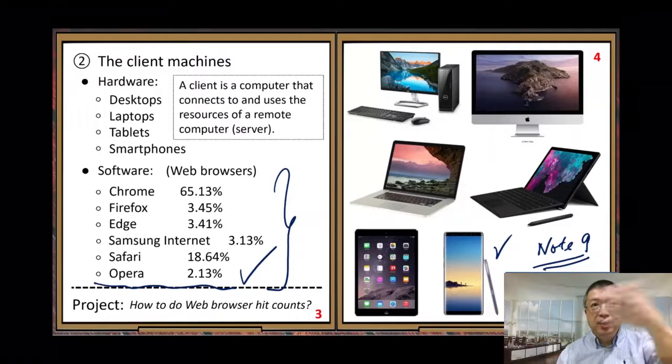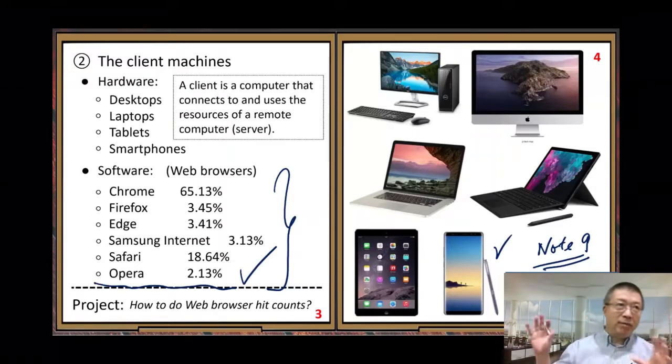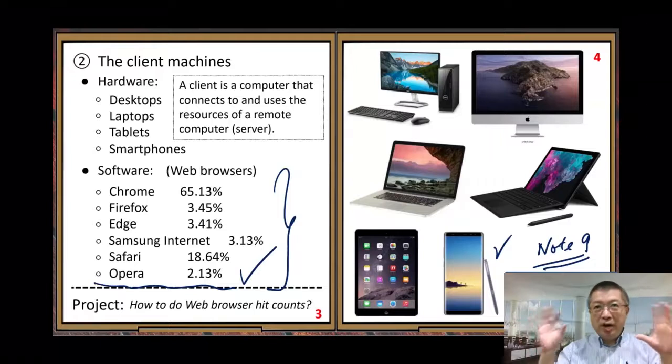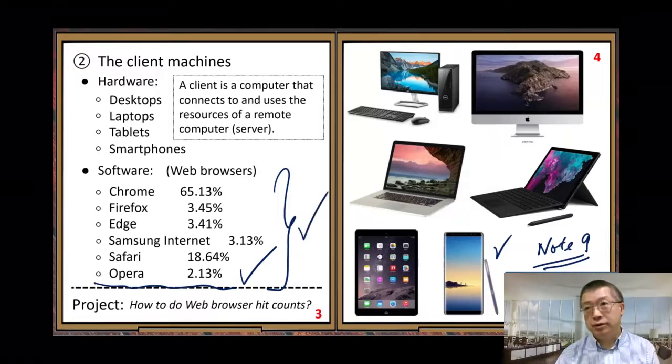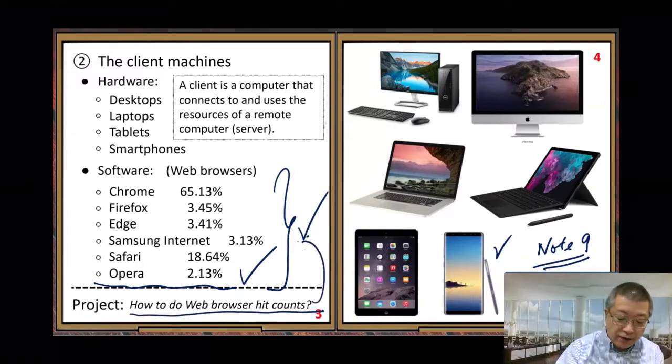Because when you visit any website, there is a hit. The hit counts can be stored in a database. So when the database collects a large number of hit counts, eventually the statistics can be generated. So that answers our question: how do people get these numbers? If you can do web browser hit counts, then you can get these numbers.